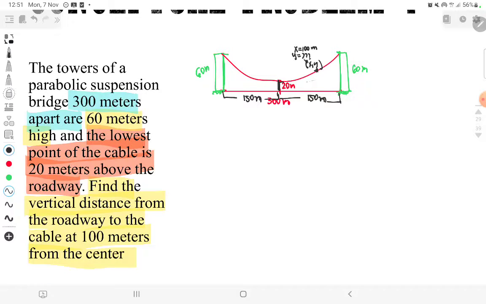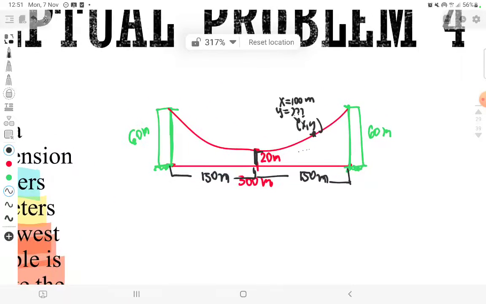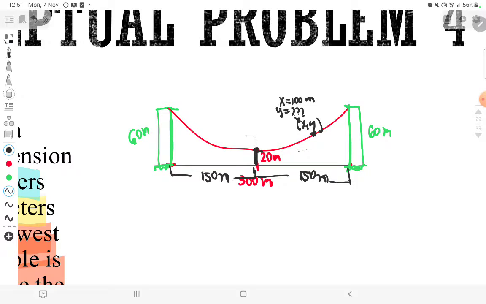Now, there are two considerations. My vertex could be at 0, 20, but let's consider my vertex at 0, 0.